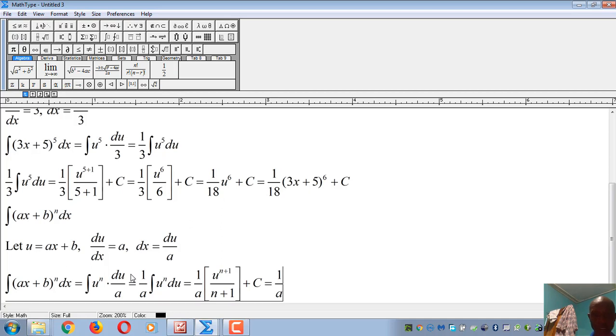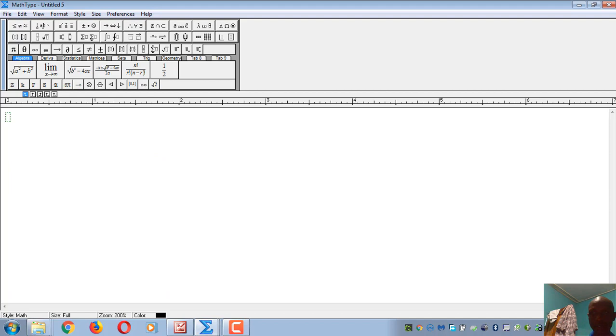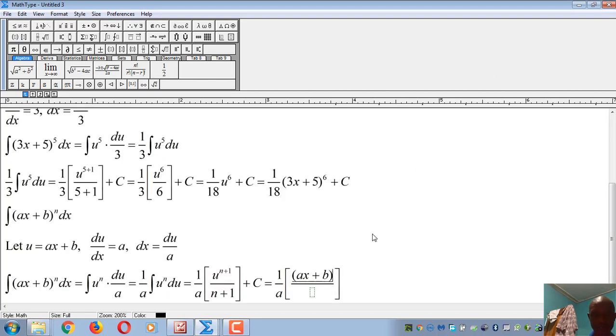Remember that our u is the same thing as ax + b. So the integral is 1 over a times (ax + b) raised to the power of n plus 1 over n plus 1, plus c.